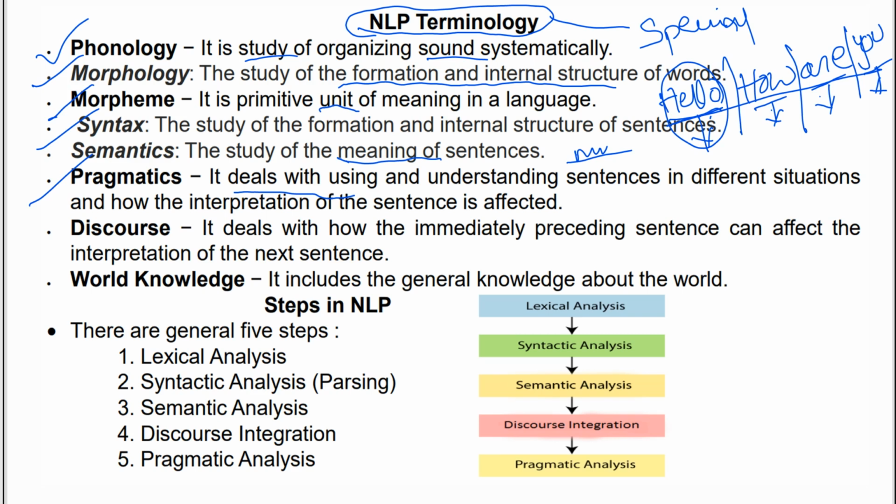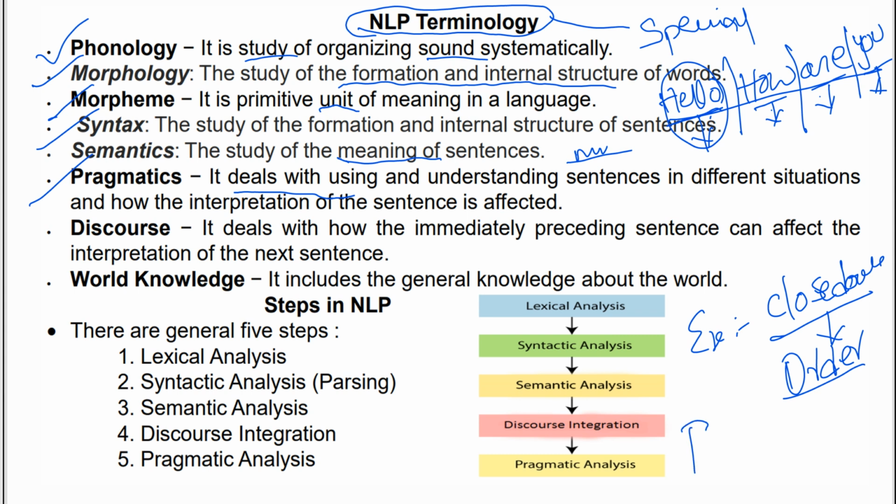Suppose an example: you say loudly, close the door. The hidden information in this sentence is an order. We are ordering, close the door. Now consider the same sentence as a request: please close the door.